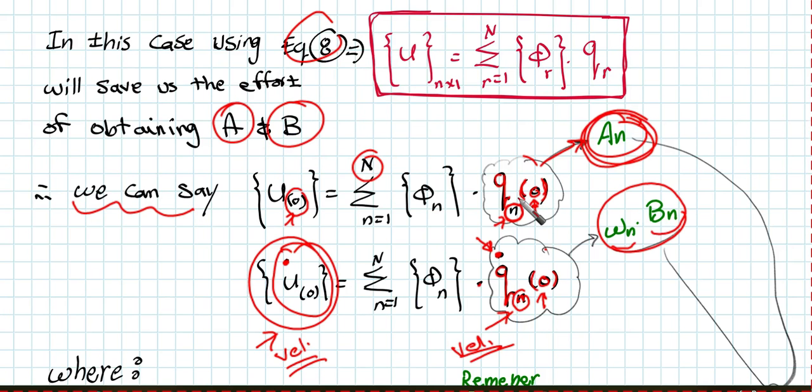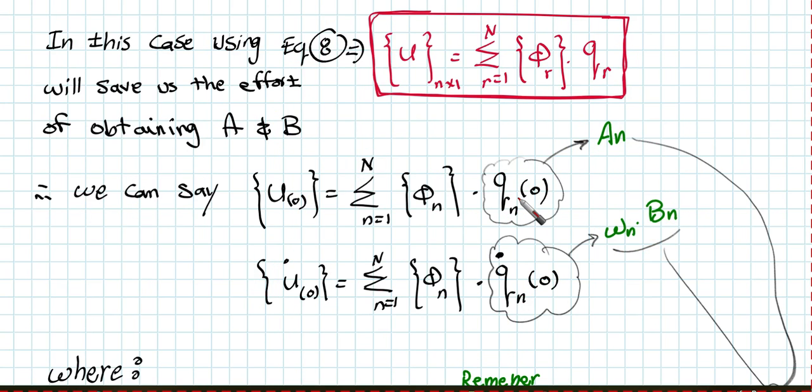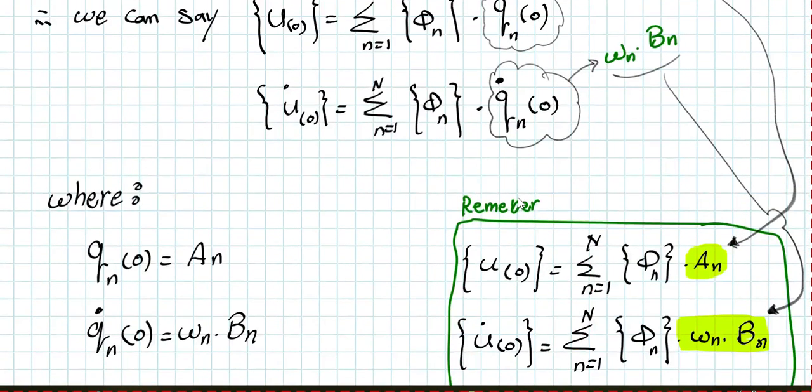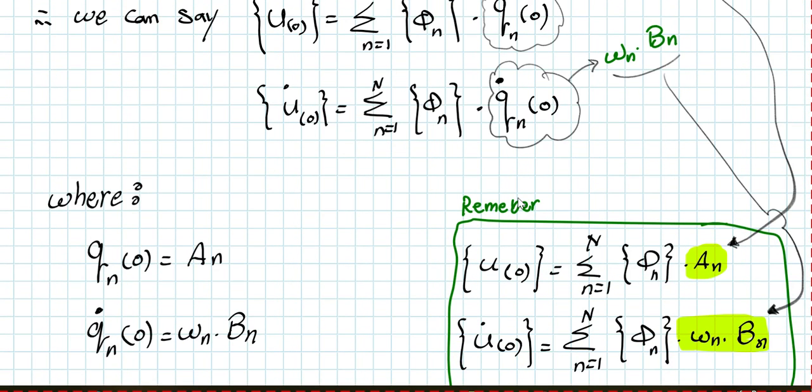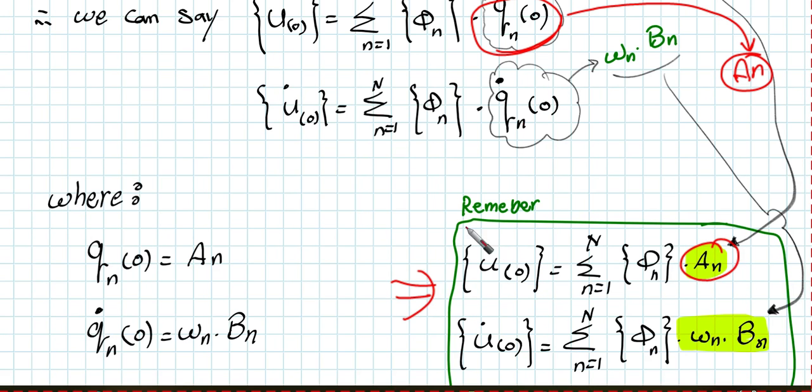Okay, so now let's move on. Remember that in this equation, qn is actually equal to an. From where? From this equation, our main equation that we were talking about.